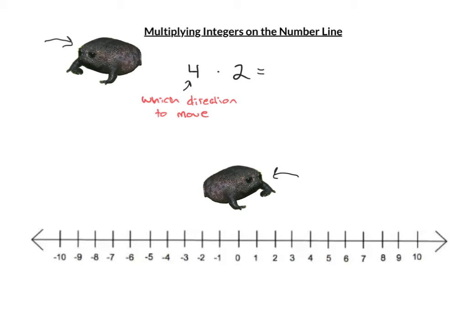All right, so what about this second term? What does the second term tell us? Our second term is a positive 2. This term is going to tell us how large, or the size of our movement.